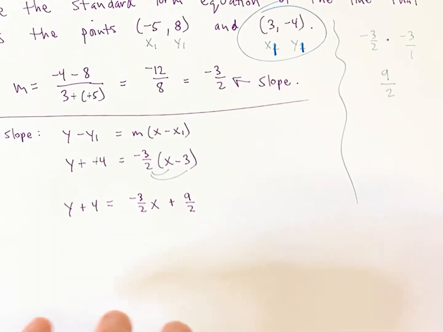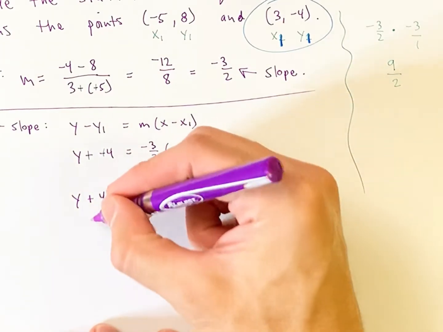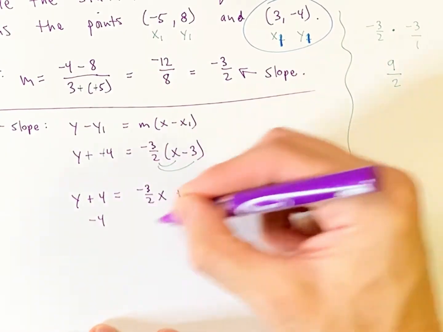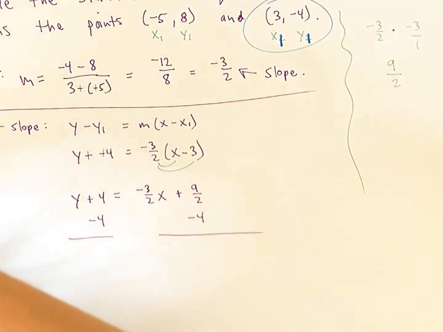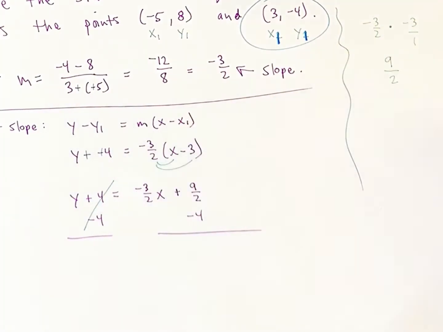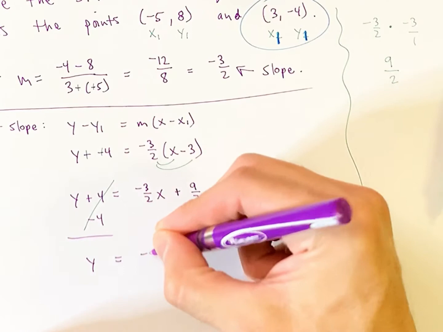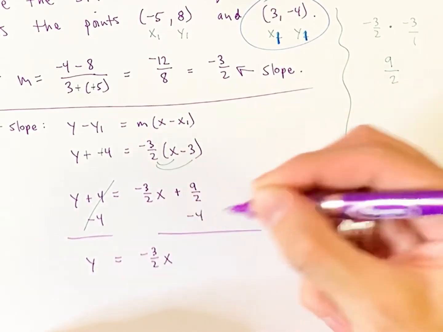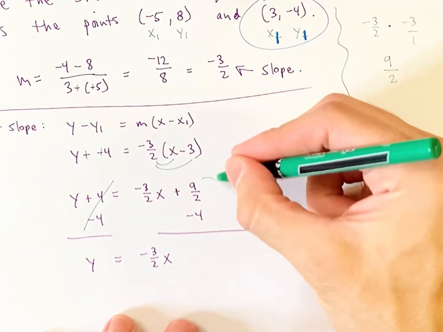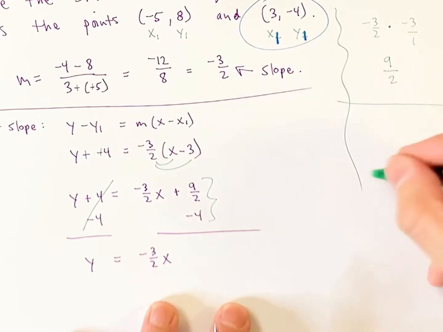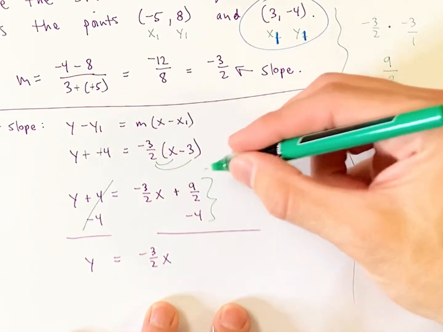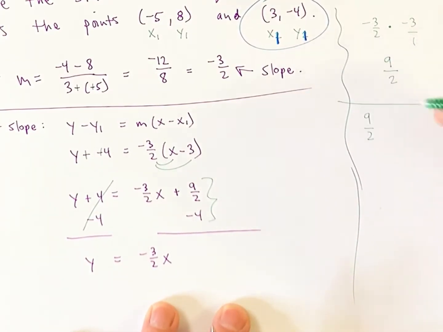So over here, I have positive 9 over 2. And so now what I want to do is subtract 4 from both sides. I know that here they eliminate. And I have y equals negative 3 over 2x. Now, here again is where I would use the calculator, but I'm not going to use one right now. So instead, I'm going to say that's positive 9 over 2, and then it's minus 4.